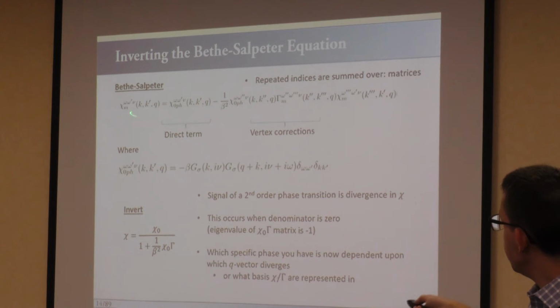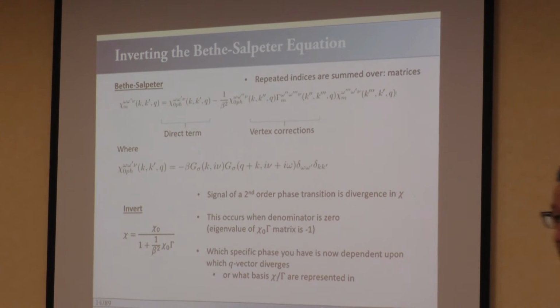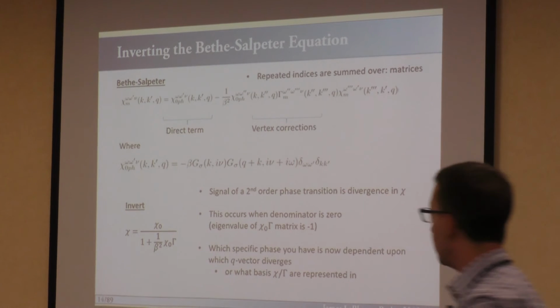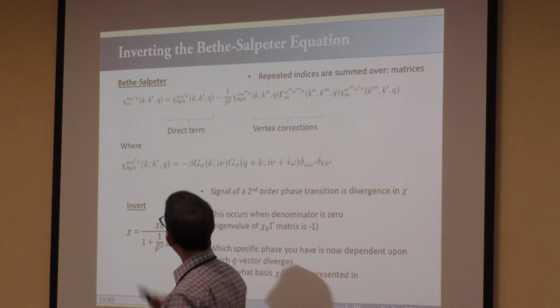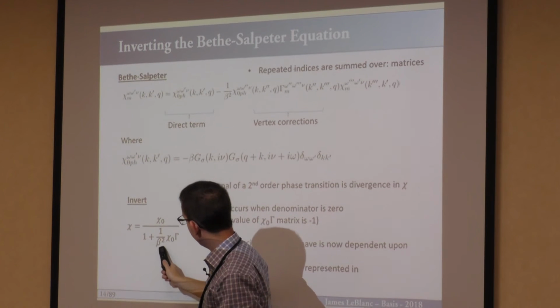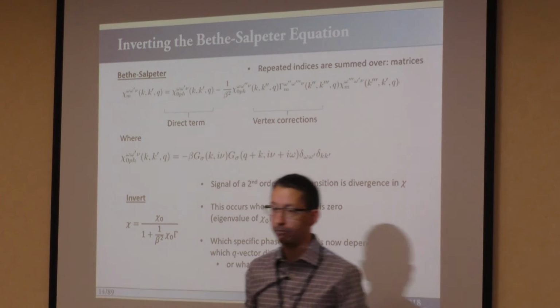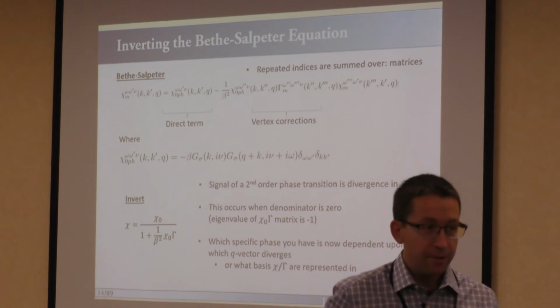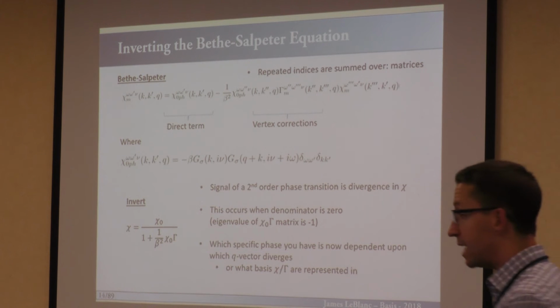So you can take this matrix equation and you can invert it. And in a much simpler notation where we throw all of the degrees of freedom away, we see that our full chi on the left-hand side looks like chi 0 over 1 plus 1 over beta squared, chi 0 times gamma. This is really important because it can happen.